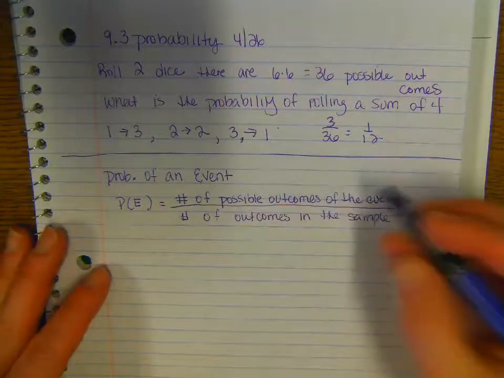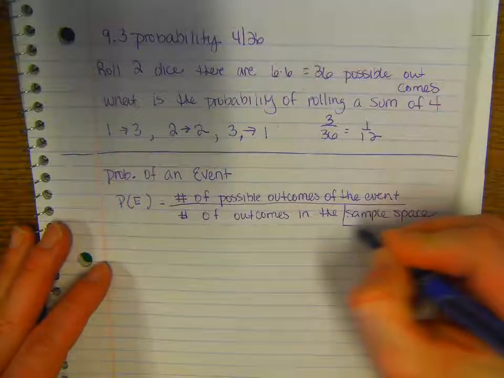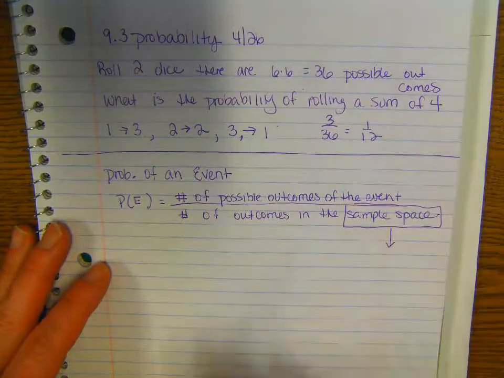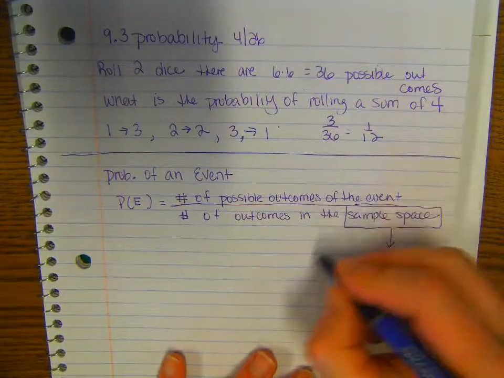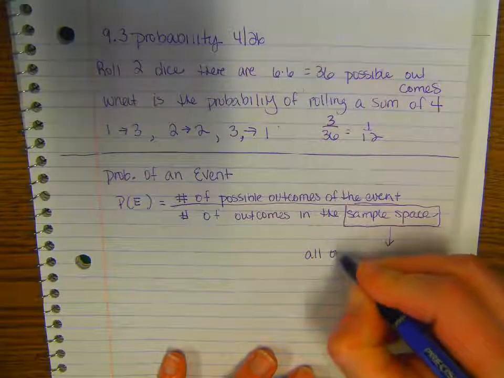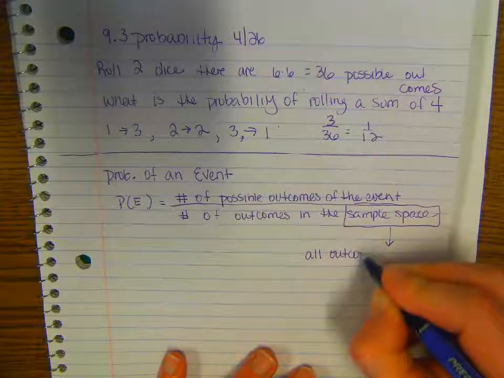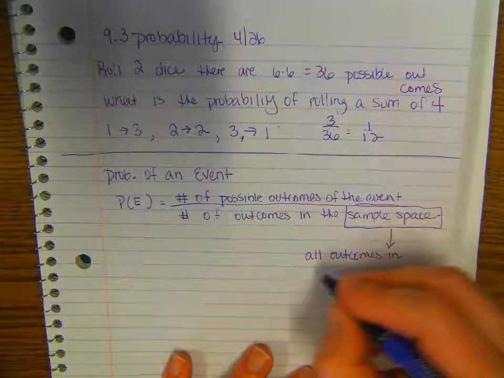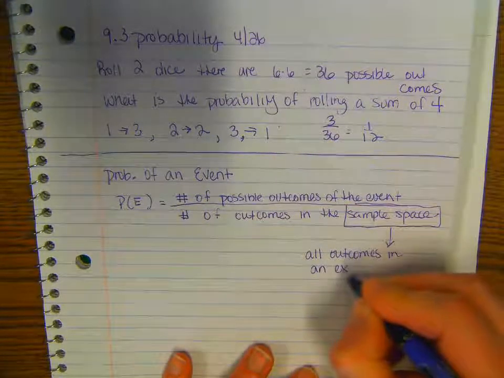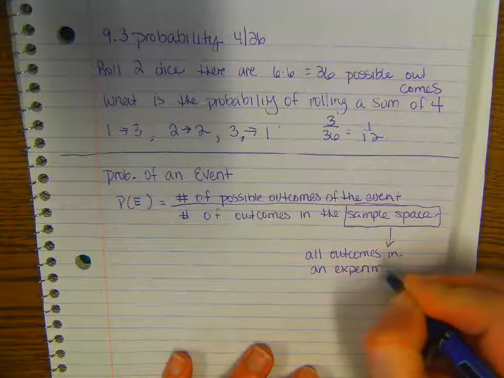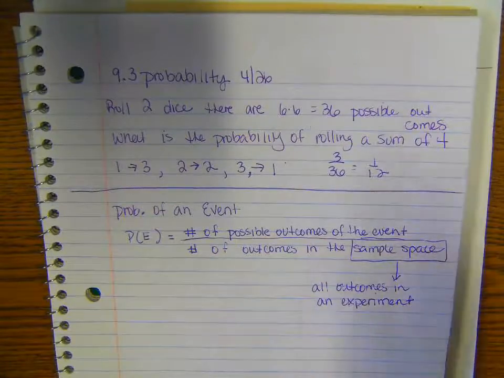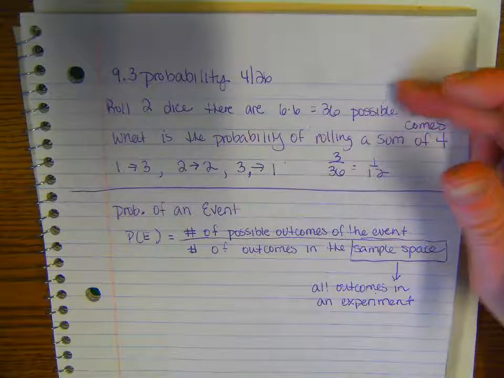Yeah. The sample space, let's put a box around it so if you don't know. The sample space is all of the outcomes in an experiment. In other words, if I would go through, and actually they might have done that.